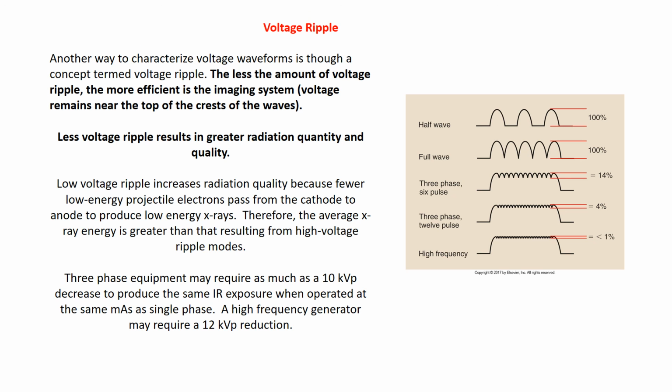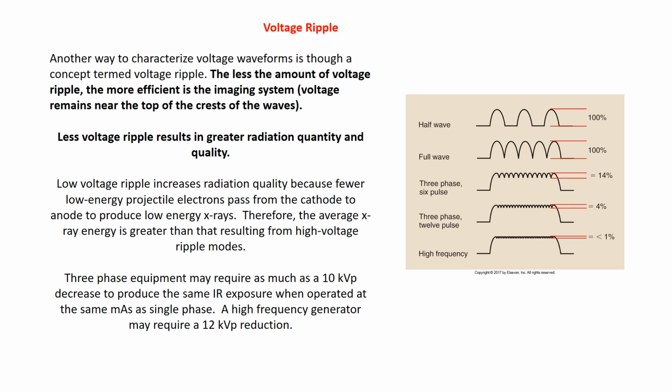Now, if we use three-phase, where we have those phases of electricity slightly out of sync, where as one starts to drop, another phase comes, picks it right back up, it starts to drop, another phase comes, picks it right back up, we get much less voltage ripple, which means that our X-ray techniques are more efficient. We can use less radiation.